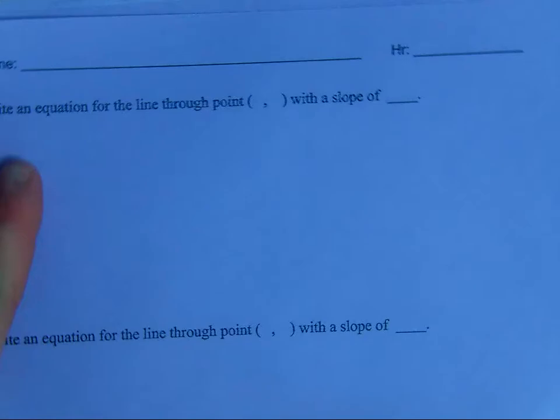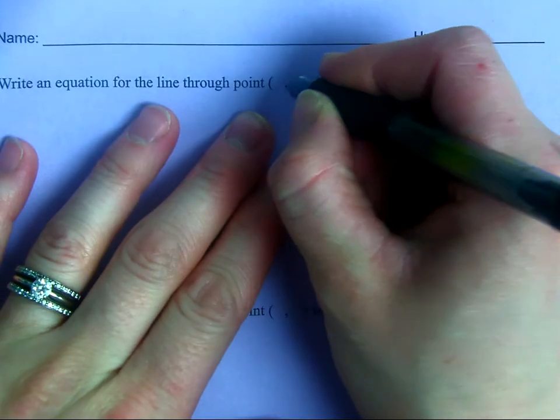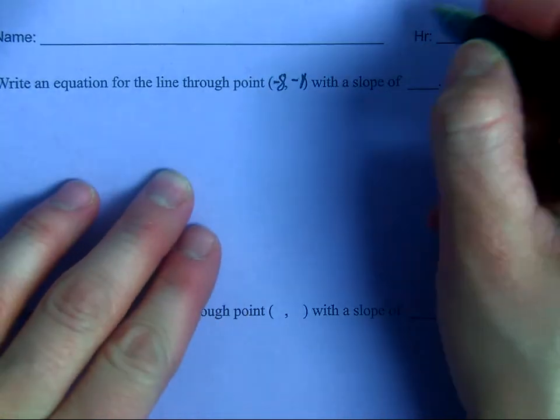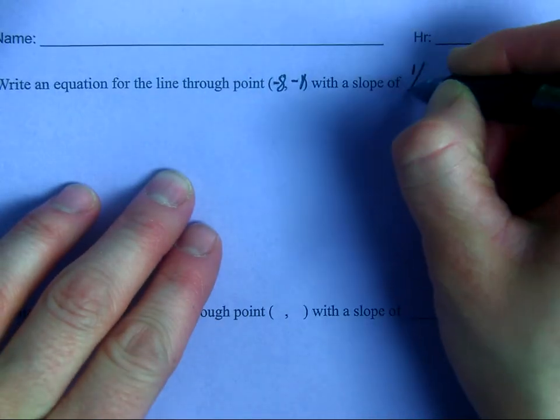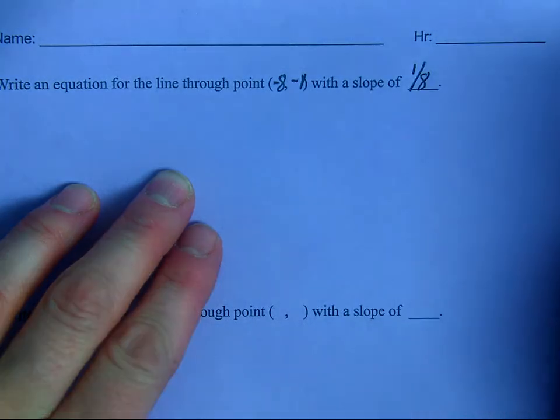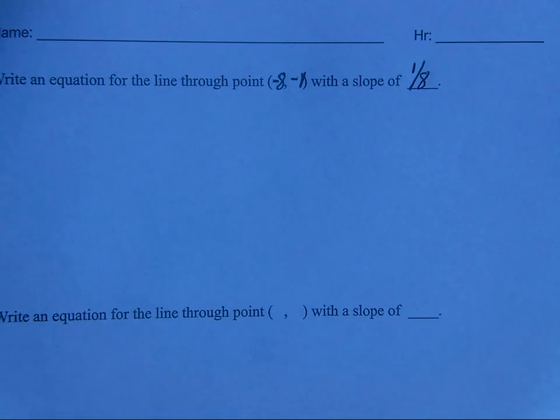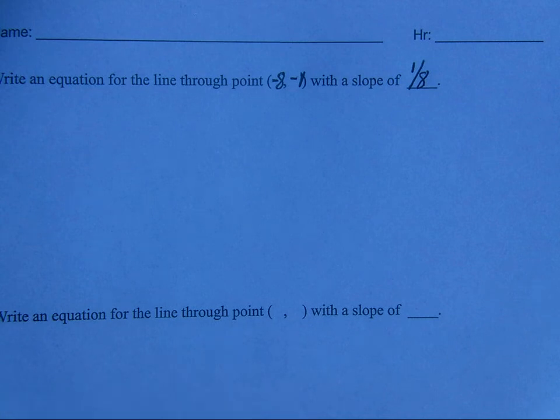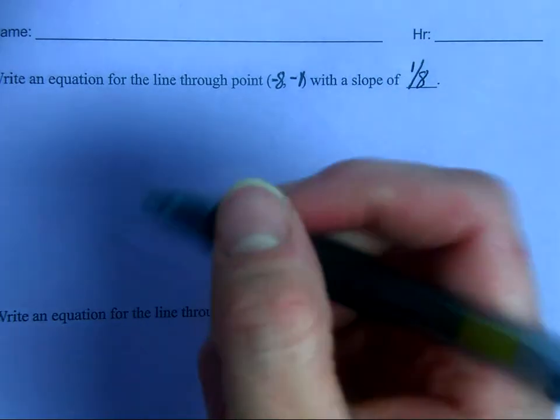Okay, we're going to do a couple more examples. We've got 2 more to try. So our point is going to be -8, -1, and a slope of 1/8. Okay, so pause the video to try this first. So play to check your answer.